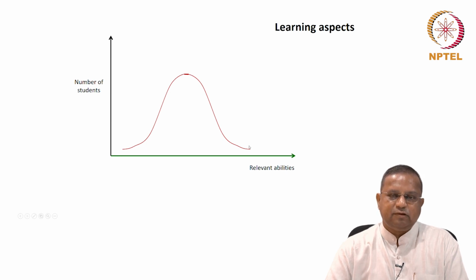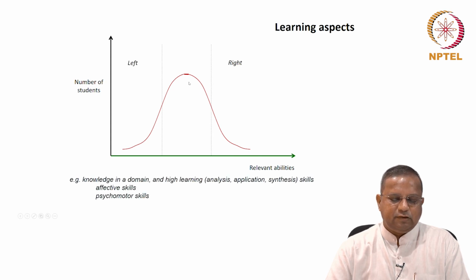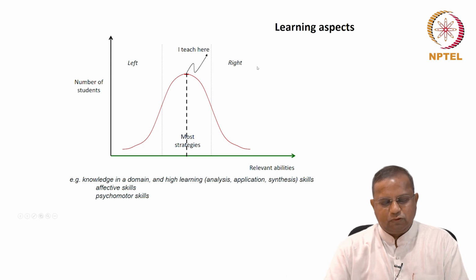I said usually there is a normal or Gaussian distribution in terms of relevant abilities. I typically teach in the middle, somewhere here, and if you are here you might feel a little bored, you could probably go through it faster.